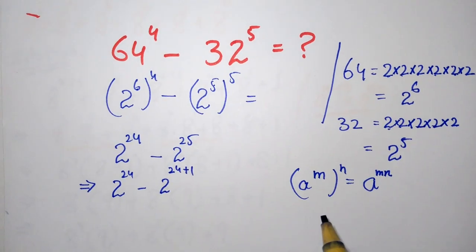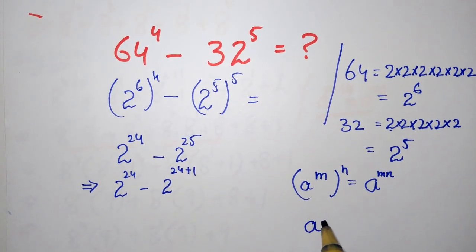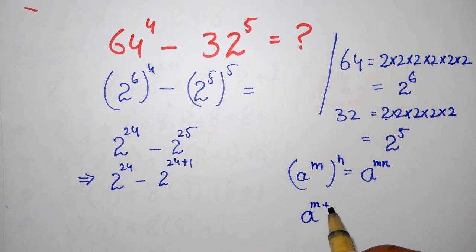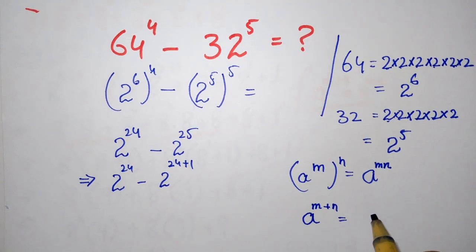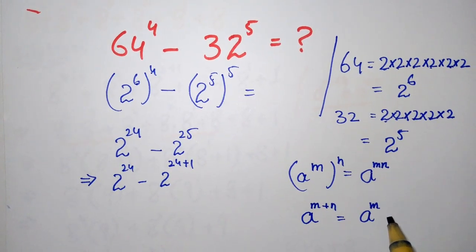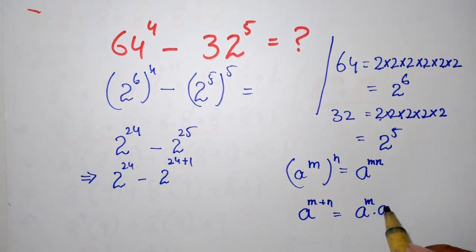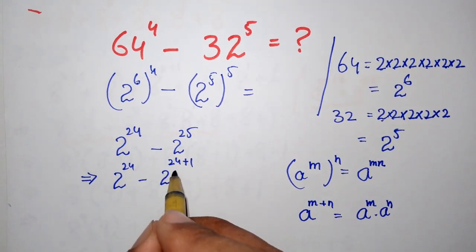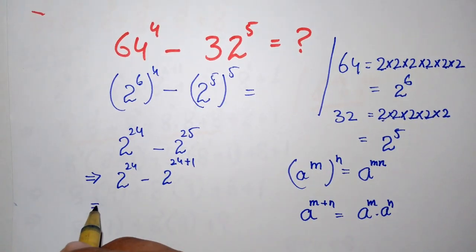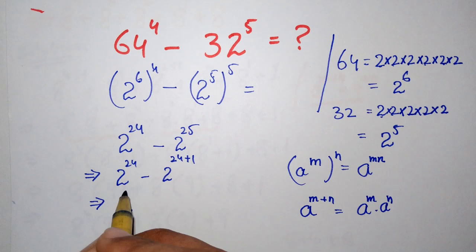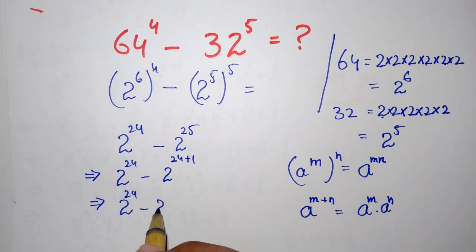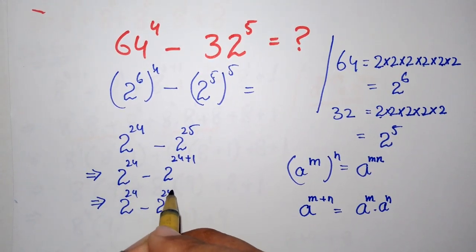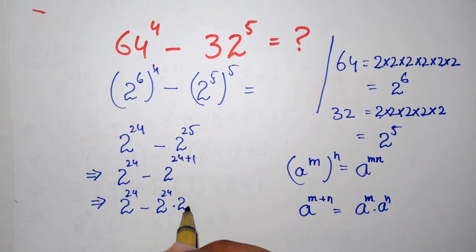Now we know that a to the power of m plus n is equal to a to the power of m times a to the power of n. So we can write this as 2 to the power of 24 minus 2 to the power of 24 times 2 to the power of 1.